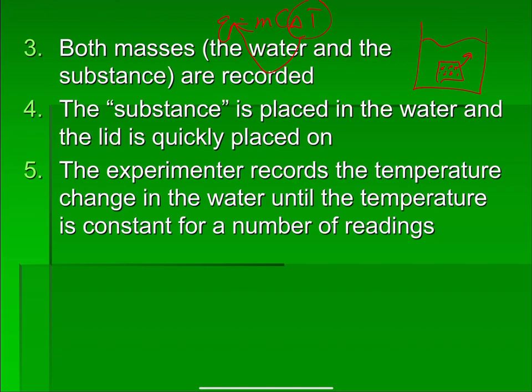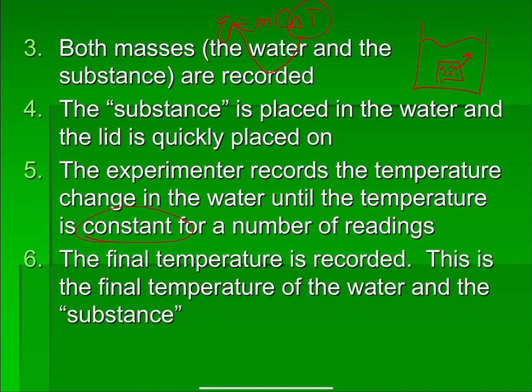And our metal is going to be the exothermic part of that, where it's going to be releasing energy. So our water is going to get hotter. Our metal is going to get colder until it reaches a constant temperature. Right at this point, it's in equilibrium, or thermal equilibrium, and so we will record that temperature.